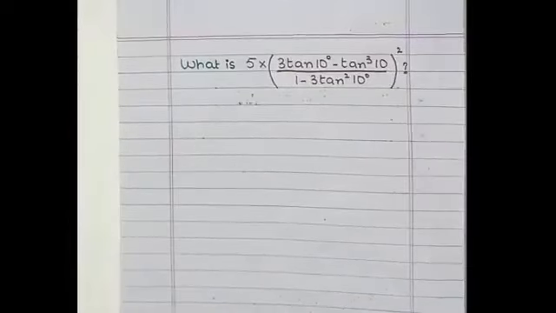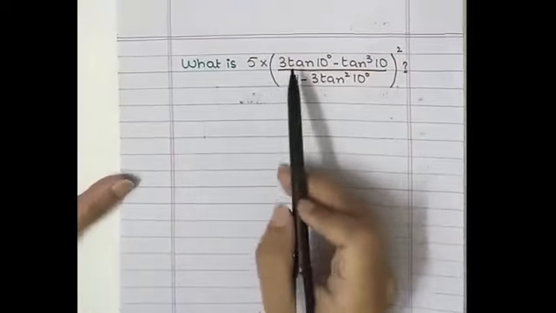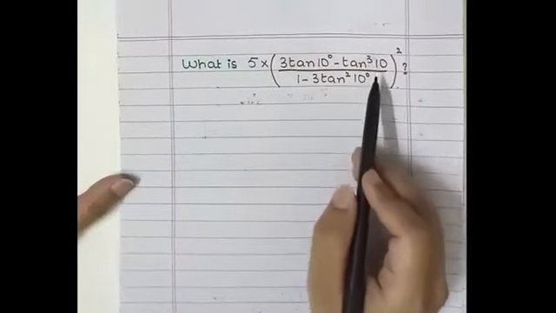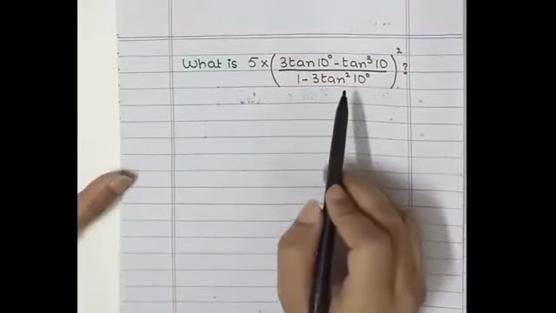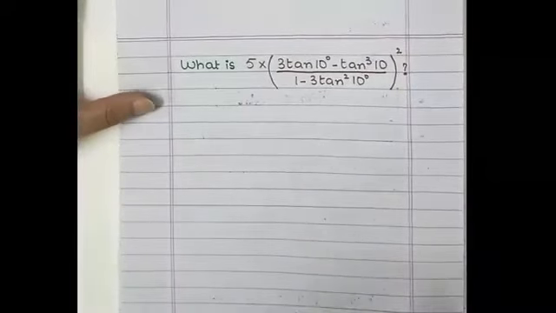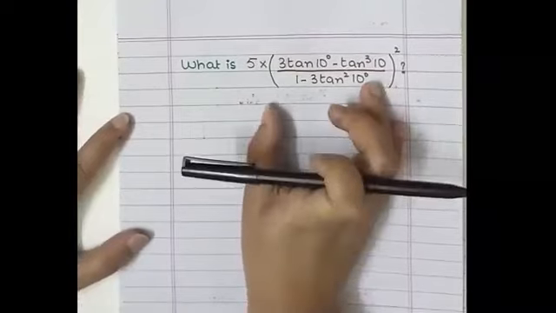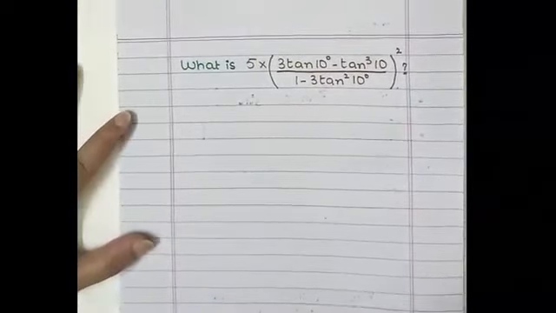So the next question is: what is the value of 5 multiplied by the square of 3 tan 10 degrees minus tan cube 10 degrees, divided by 1 minus 3 tan square 10 degrees? As we know, this is an expression for the value of the triple angle of tan.